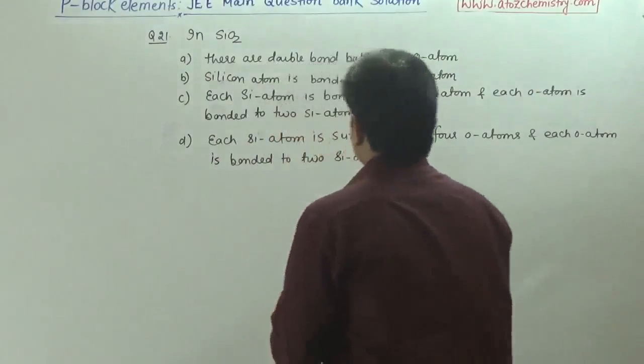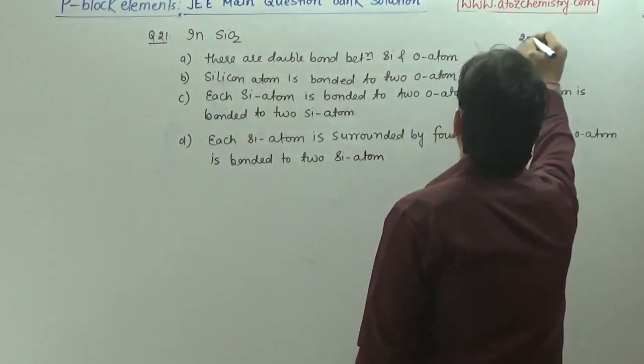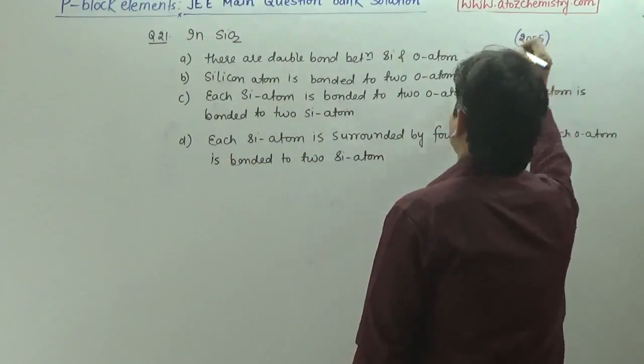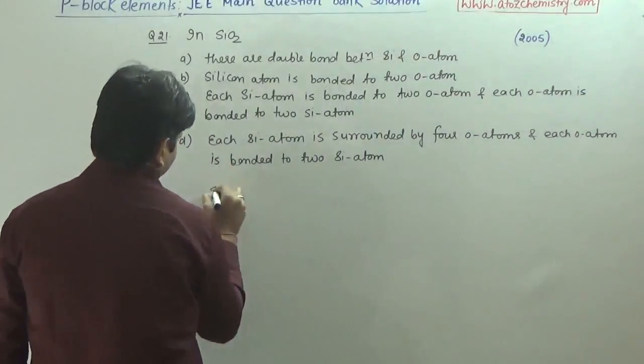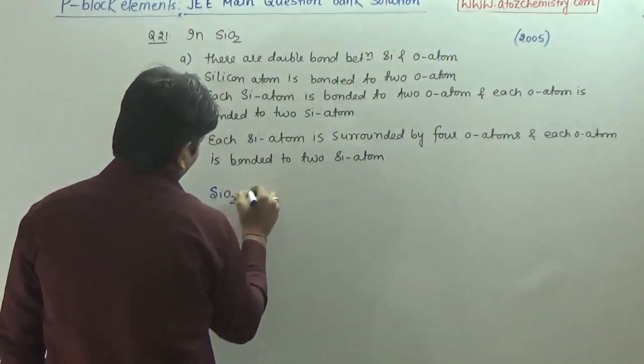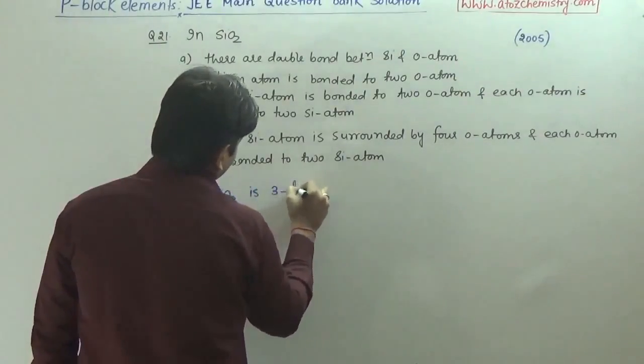This was the question asked by JEE Main 2005. If you look at the options given, SiO2 is a three-dimensional silicate. It is not just like CO2.